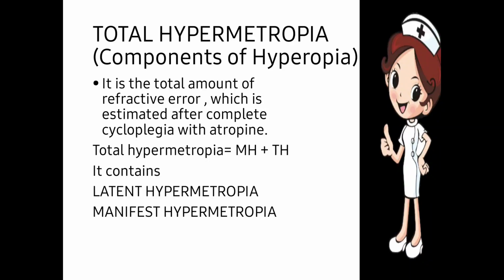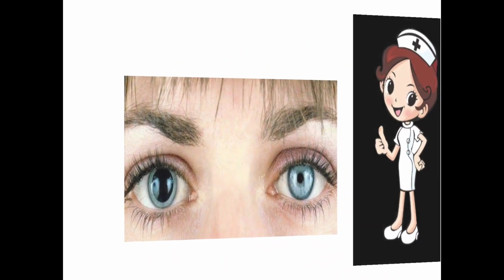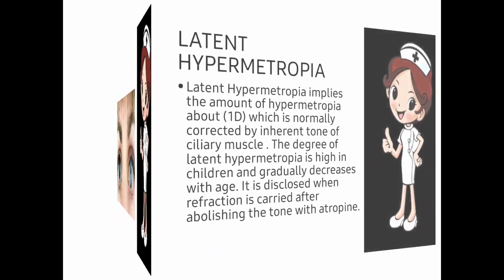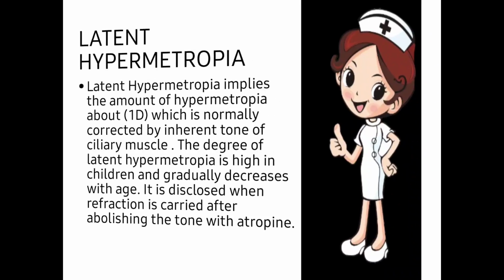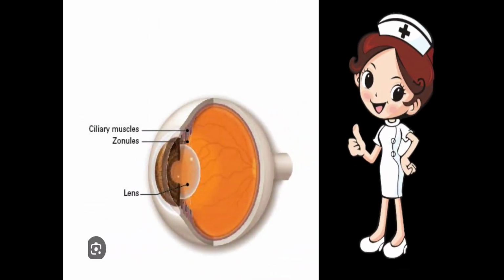Next one is latent hyperopia, or latent hypermetropia. Latent hypermetropia implies the amount of hypermetropia, about 1 diopter, which is normally corrected by the inherent tone of the ciliary muscles. Here if you can see, these are the ciliary muscles.